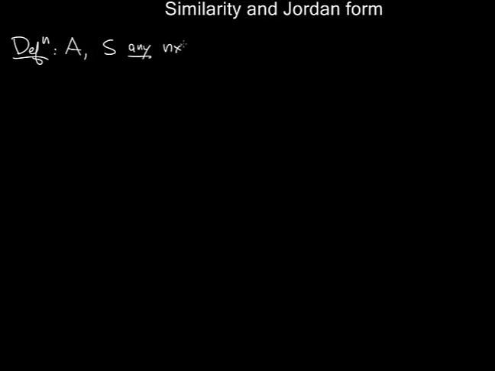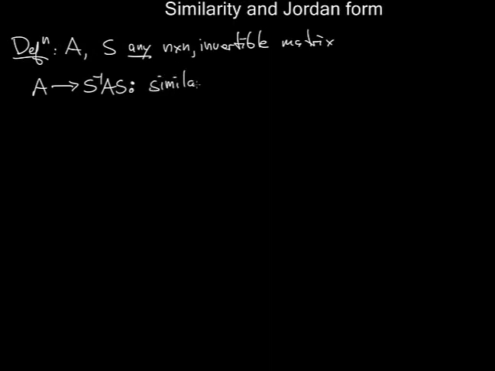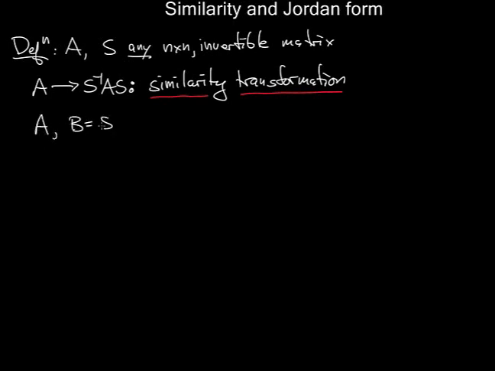Suppose I have a matrix A and any n by n invertible matrix S. Then I say that the operation taking A to S inverse AS is called a similarity transformation. And also, if we have a matrix A and another matrix B, which is S inverse AS, we say that A and B are similar matrices.